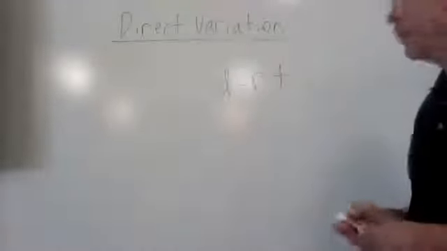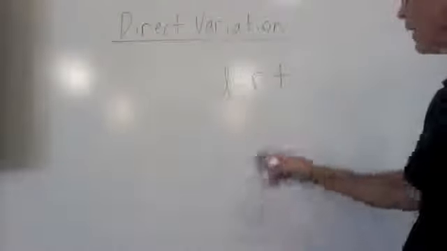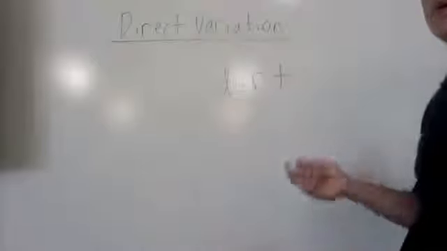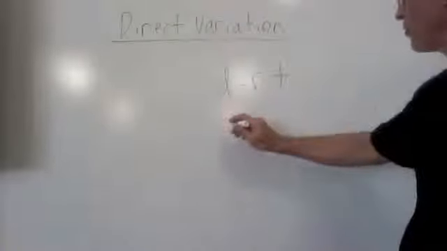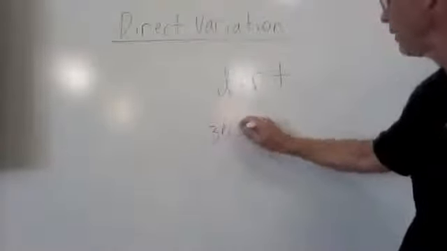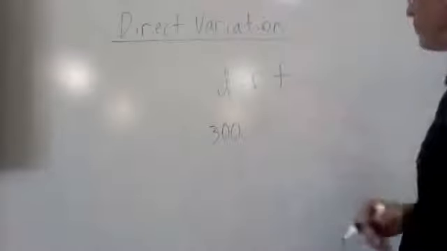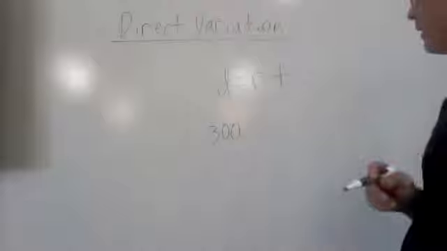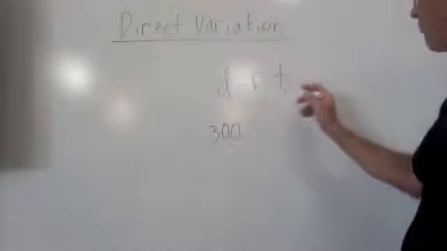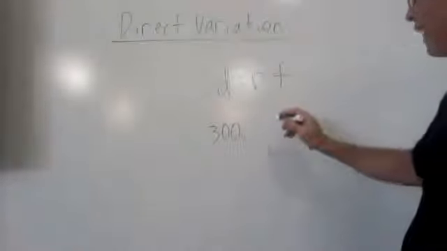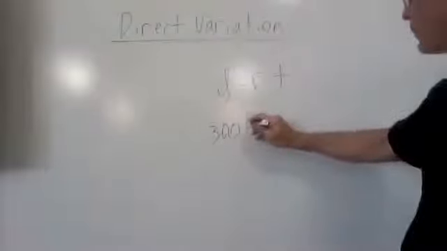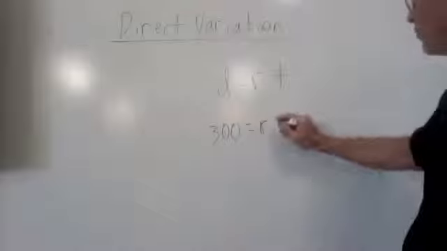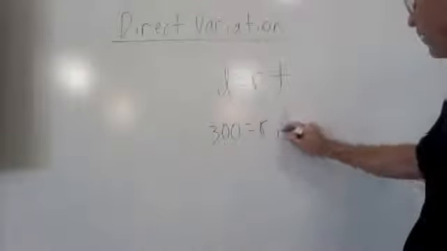So they'll give you a story problem like John was heading to Spokane, which is 300 miles away. If his rate varied directly and he traveled for 6 hours, how many miles per hour would he be going? You don't know R, and you do know time, which was 6.